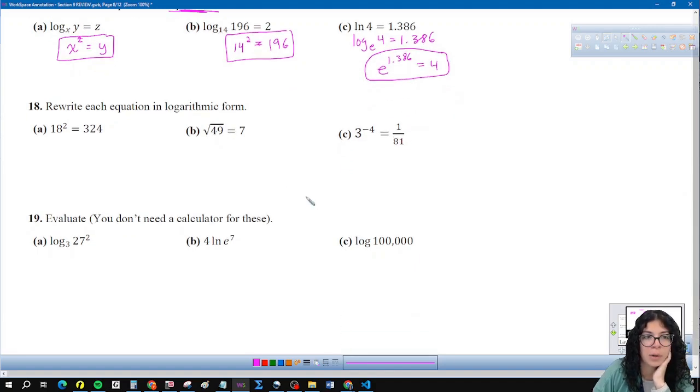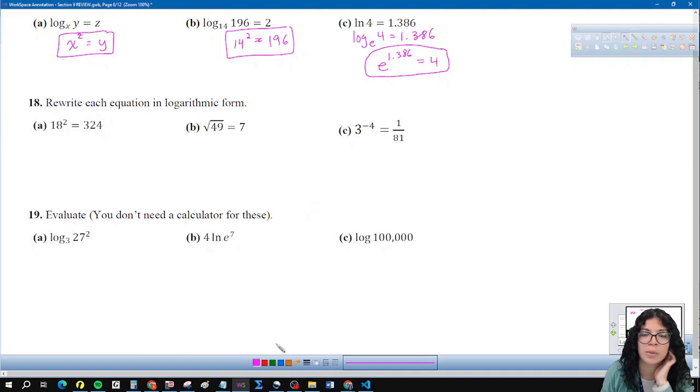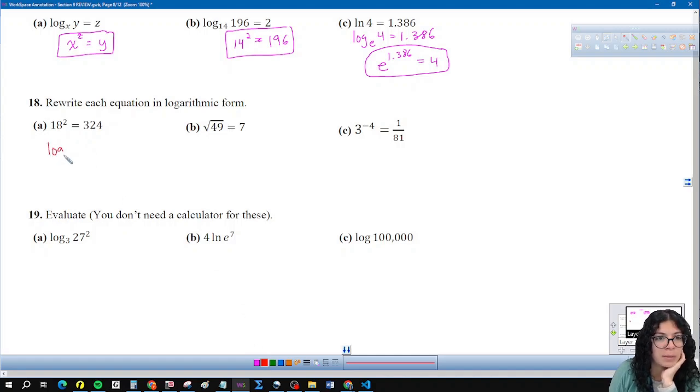Right, on 18, we're going the other way. So now we're going to write the equation in log form. I'm going to take the base of the exponent, that becomes the base of the log, and I switch the exponent result and the exponent power. So 3 to the power 2 equals 324.